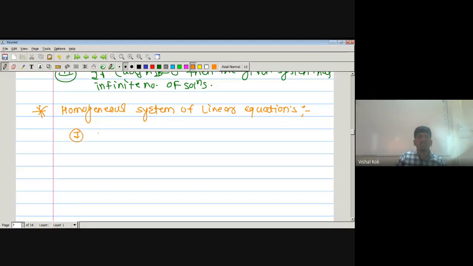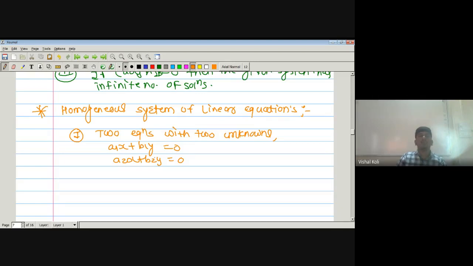In that, first see two equations with two unknowns. This one is in the form a1x plus b1y equal to 0 and a2x plus b2y equal to 0.